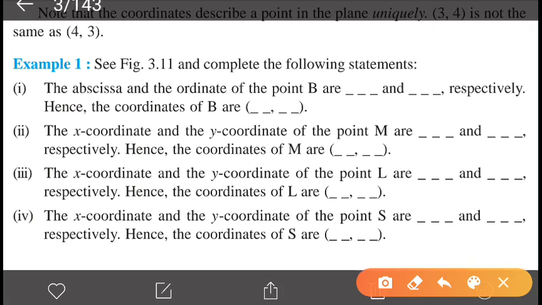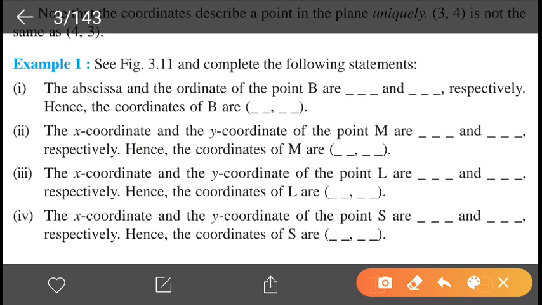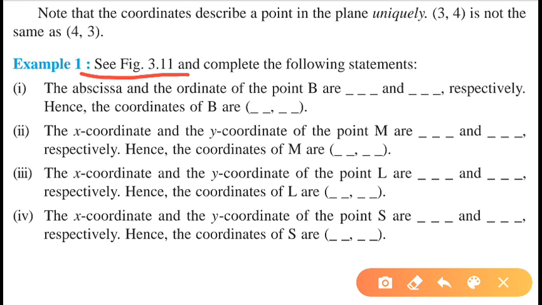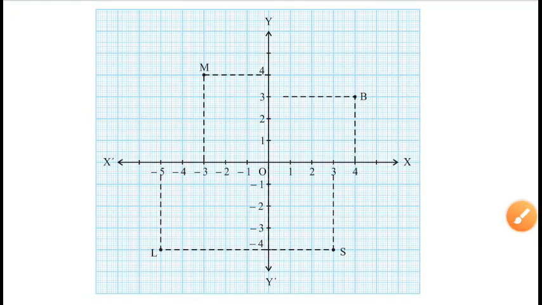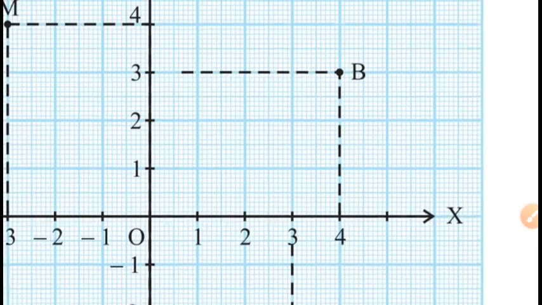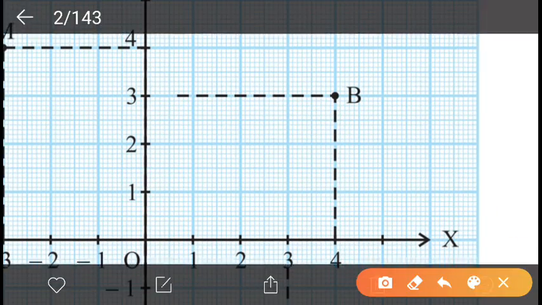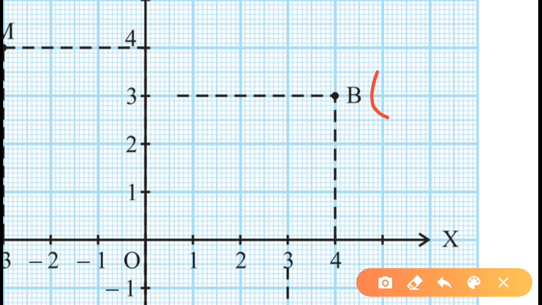Let's take an example so we can understand it more clearly. Example number 1. In figure 3.11, find the abscissa and the ordinate of point B. Let us check the abscissa and ordinate of point B. First of all we write the coordinates of B. What is the value on x? 4.